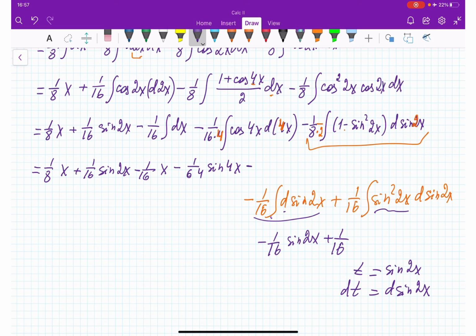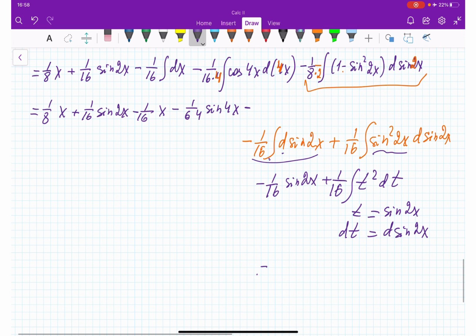So 1 over 16, and I will have integral t squared dt. Yes? And from here I'm getting negative 1 over 16 sine 2x plus, so t squared, it's going to be t cubed over 16 times 3, right?